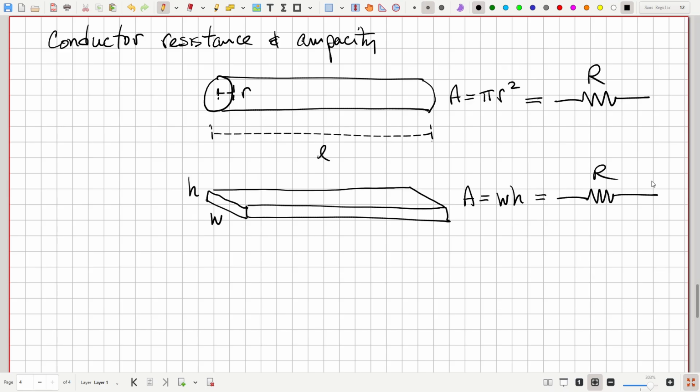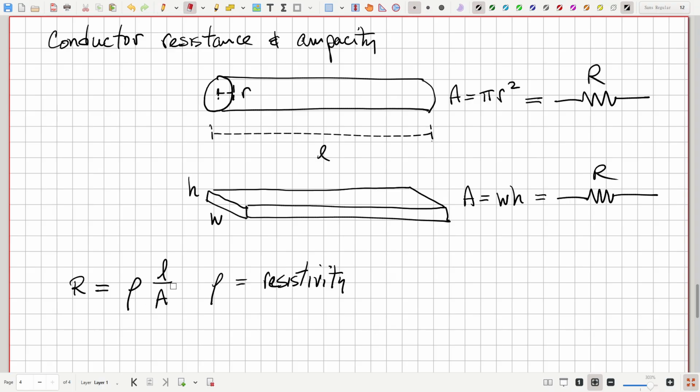And that also is going to look like a resistance. The formula for the resistance of a wire is that it's equal to a constant that is characteristic of the material the wire is made of, rho, we call the resistivity, times the length of the wire over the cross-sectional area. How would we determine the resistivity?